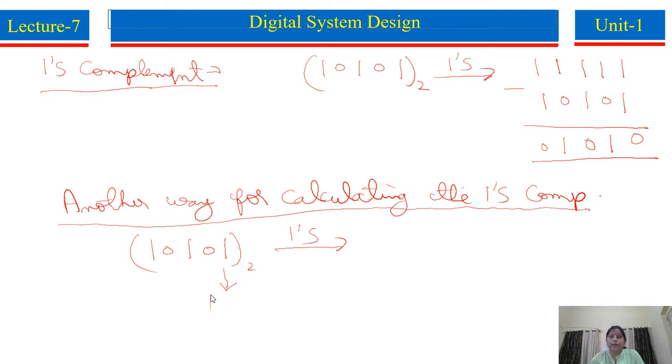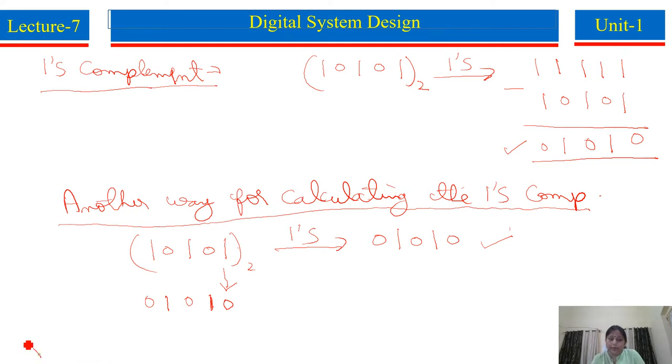Inversion means 1 inversion is 0, 0 inversion is 1. So देखिए, 1 inverted is 0, 0 inverted is 1, then 1 inverted is 0, 0 inverted is 1, 1 inverted is 0. So ones complement is 0 1 0 1 0. तो देखिए, same answer you calculate. I repeat again, for taking ones complement, you simply invert each digit.